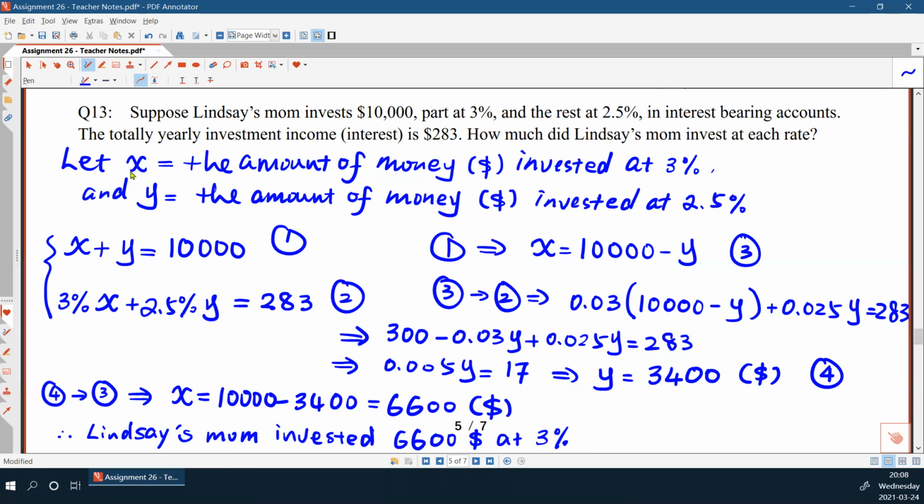Because X stands for the amount of money invested at 3%. And $3,400 at 2.5%. Correct? Okay, please have a look at this. Any questions, let me know.